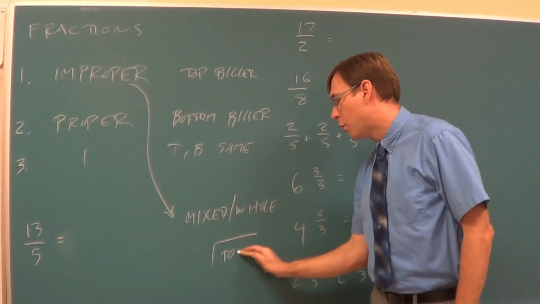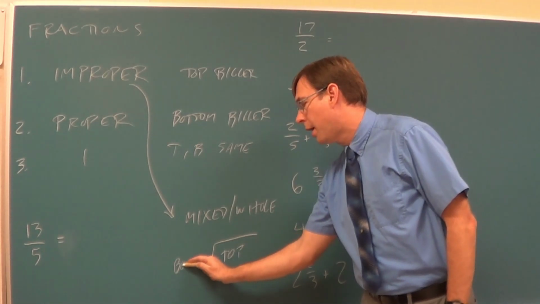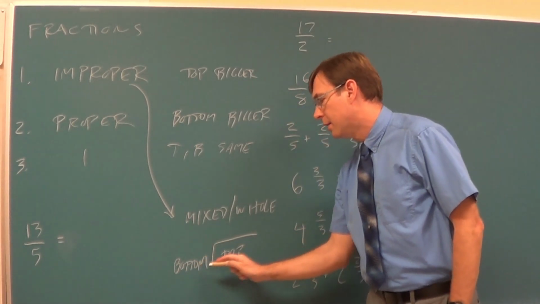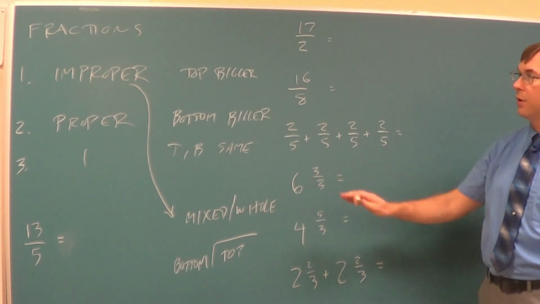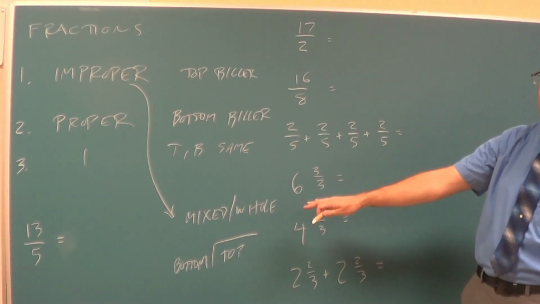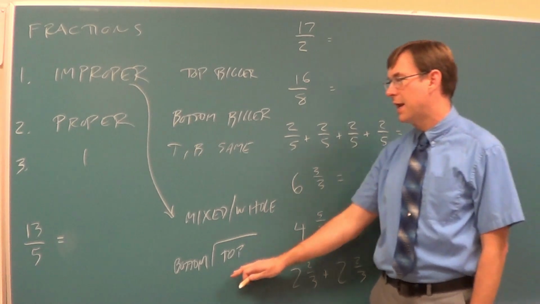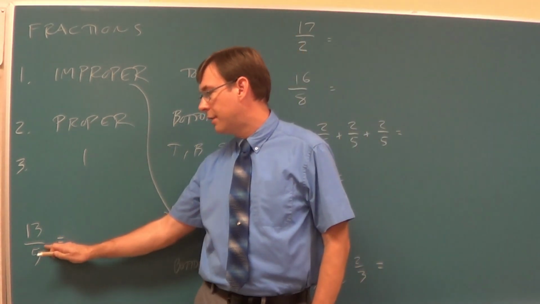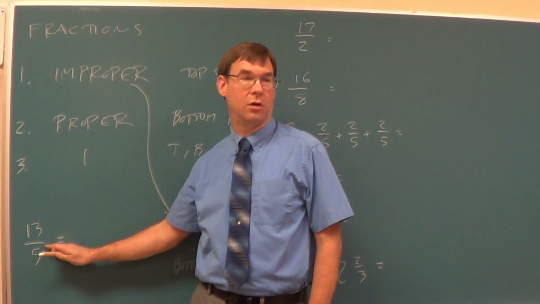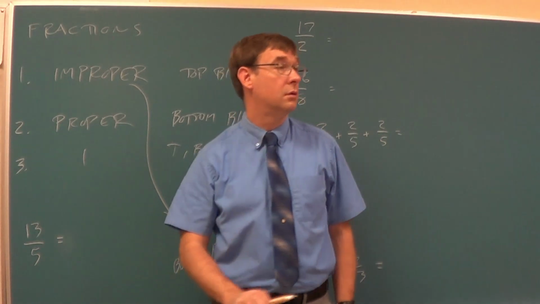That's correct. What we're going to do is divide the bottom into the top. If you divide the bottom into the top, that's always going to be able to turn an improper into a mixed or a whole. And that should remind you of something we've done before. We learned a few weeks ago the fraction bar in one of the lessons meant to divide.